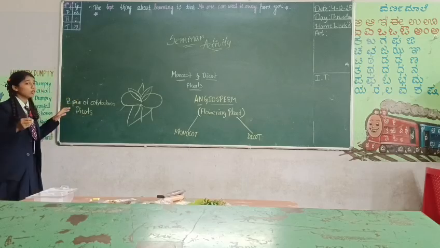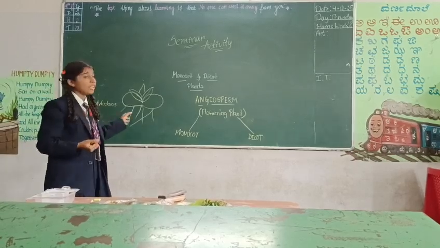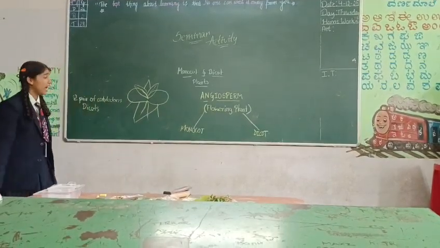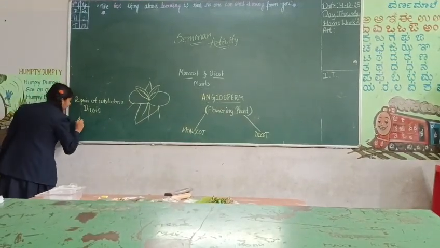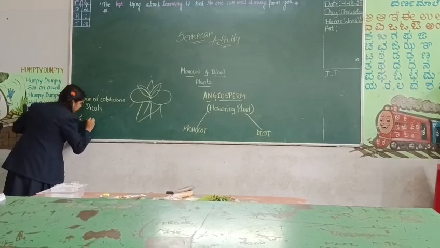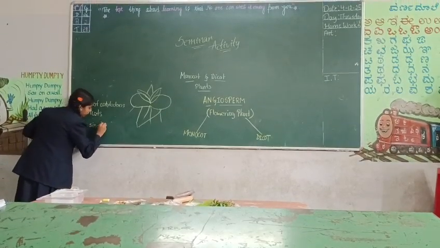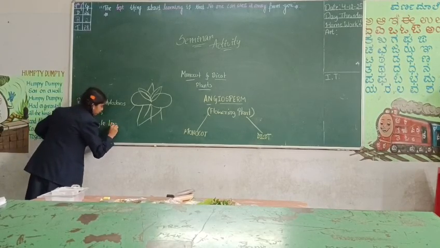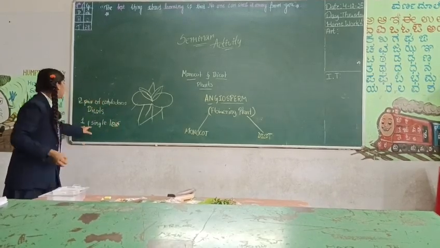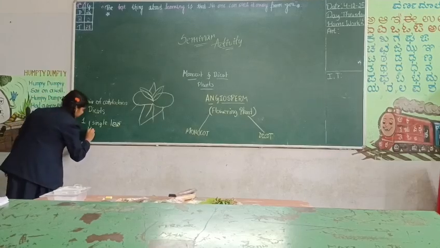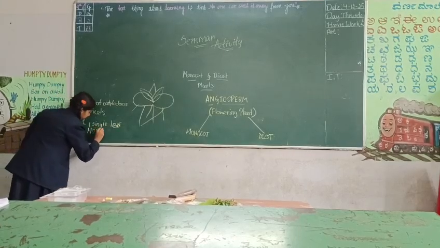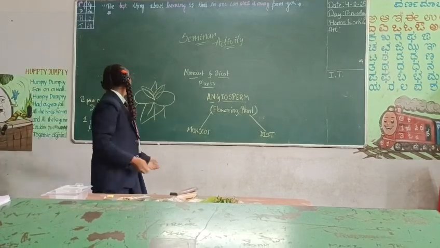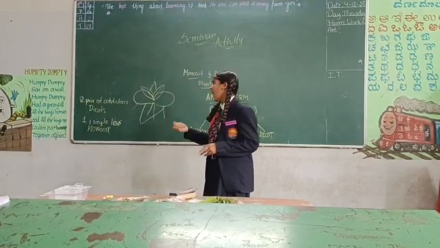If they grow with two embryonic leaves, that is the characteristic of dicots. If they grow with only one single leaf, then it is called monocot. The leaves are like this.